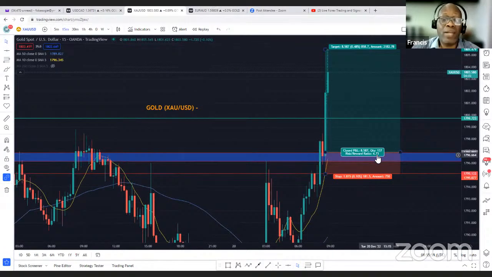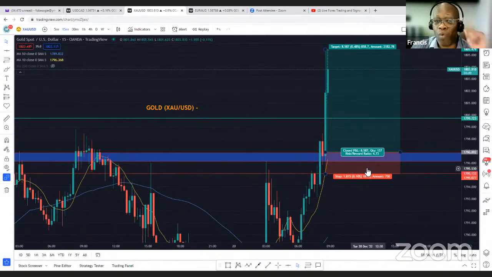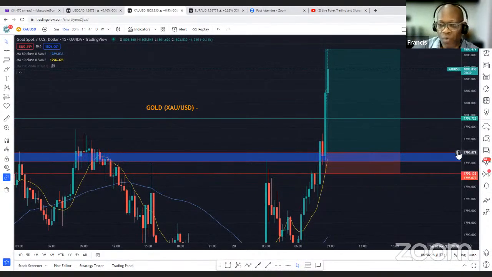It's giving us more than 4.5 R. 4.5 R is 4.5, risk to reward. So basically, we would have been risking 1 to gain 4. That is good. So it's like risking $1 to gain $4. That is a risk reward we got here.